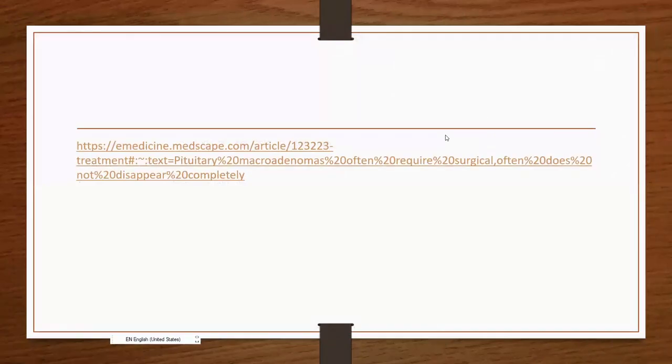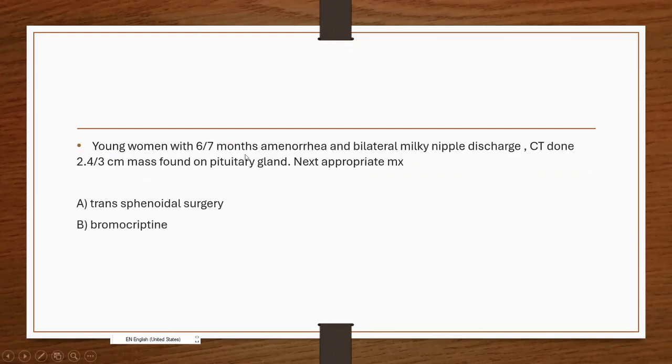We also discussed the other macroadenomas of the pituitary, where usually we go with surgical management. Now here again, 6 to 7 months of amenorrhea and bilateral milky nipple discharge suggest prolactinoma, again a macroadenoma.